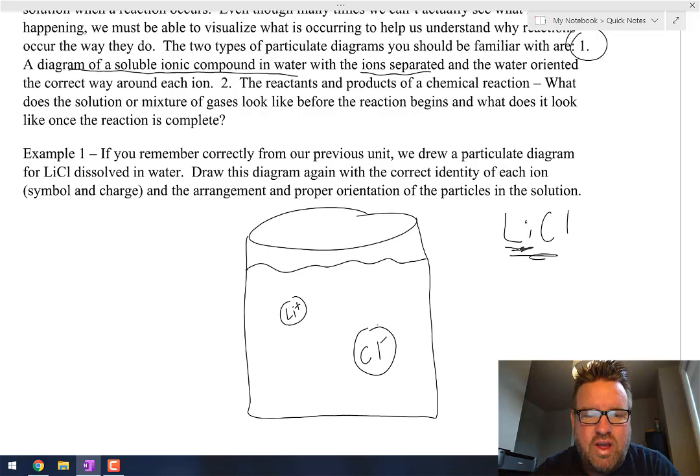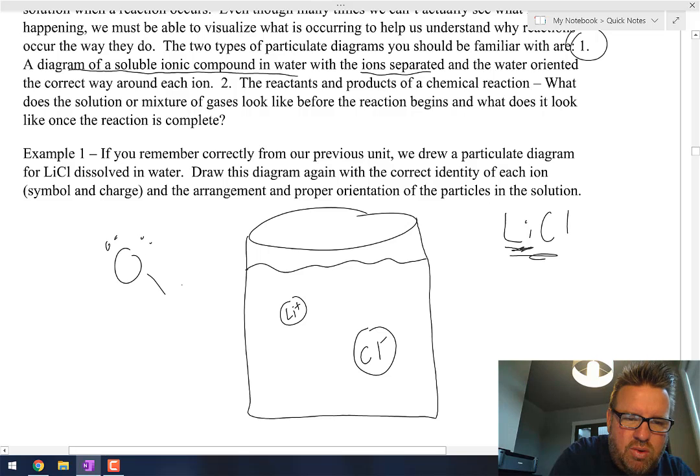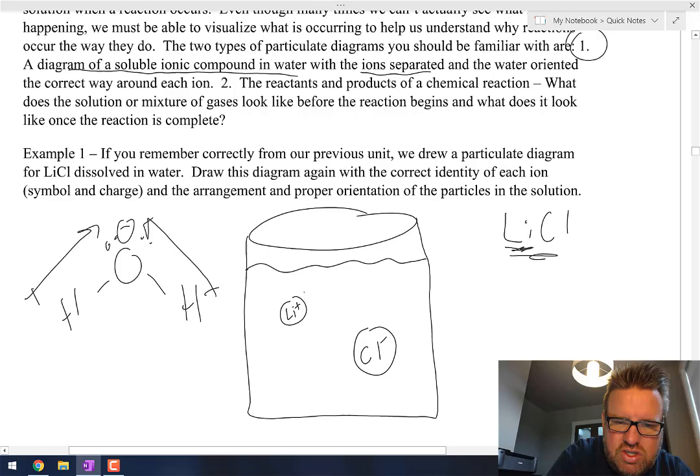With lithium, because it has that positive charge, remember that water is a polar molecule where you've got the dipoles going this way and this way. So you've got the partial negative charge on the oxygen. A lot of times when they draw water, they just draw it like this, which represents the oxygen, which is larger than the hydrogens.